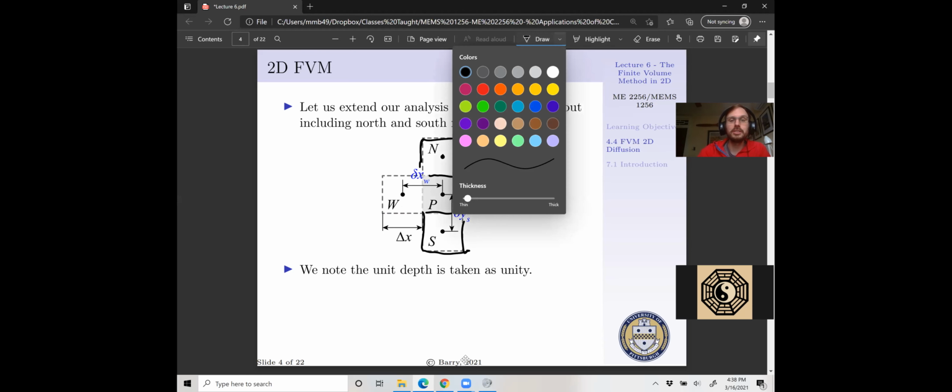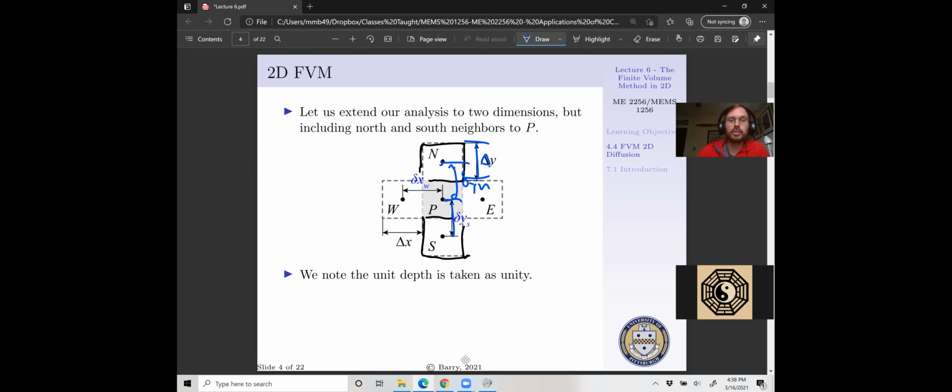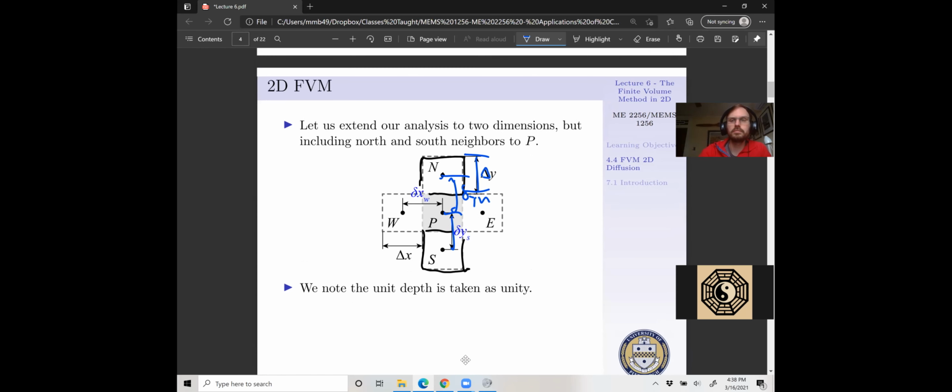And we're going to define delta y as the height of our cell, and we can have two values, delta y south and delta y north, which would be the distance between the cell centers of our south and our center and north cells, respectively.